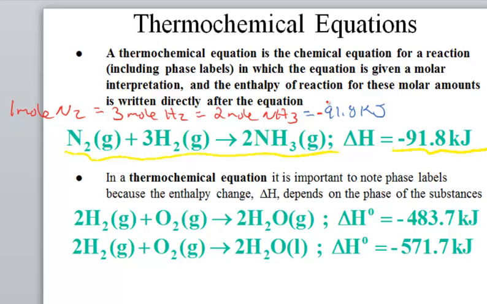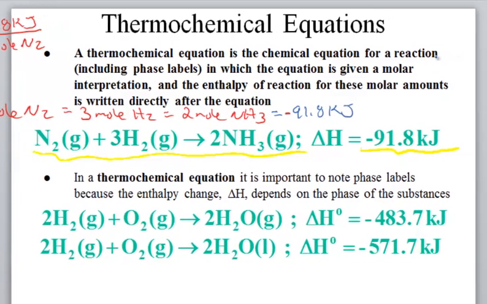So if we were going to make mole to energy relationships, you could say 91.8 kilojoules per 1 mole of nitrogen. And again, you could put the negative there if you wanted to.